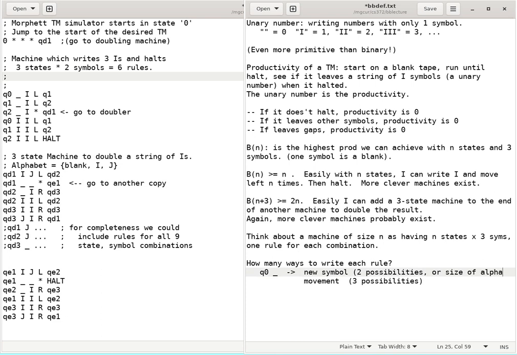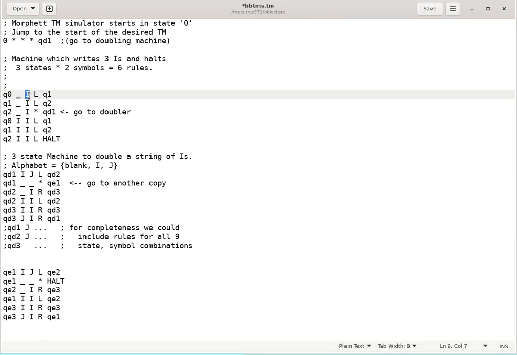Size of the alphabet, and a new state. So over here we had Q0 and blank, wrote an I. It could write a blank or an I or a J if we got J's.